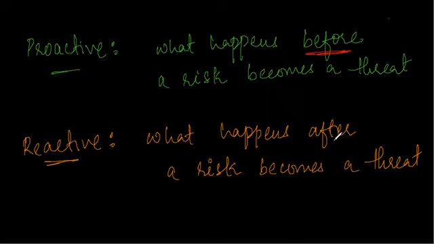So there are two things: what is going to happen before the risk becomes a threat, that becomes proactive, whereas what is going to happen after that risk has become a threat is called reactive risk. These are the two types: proactive, what happens before a risk becomes a threat, and reactive risk, what is going to happen after a risk has become a threat.